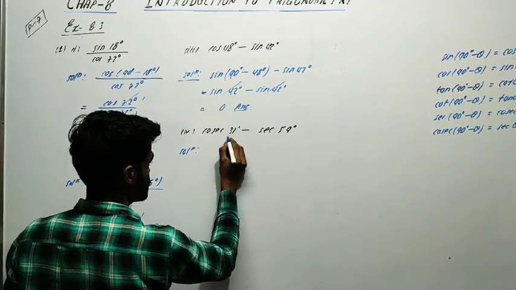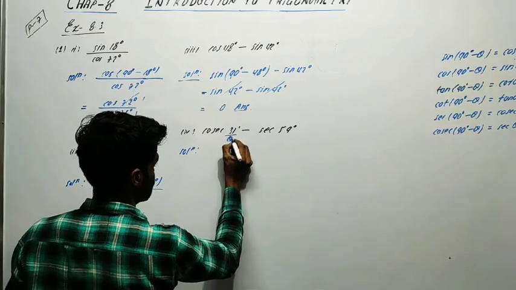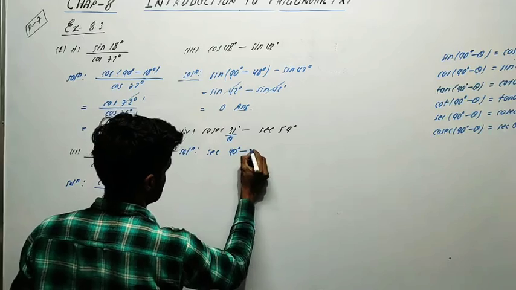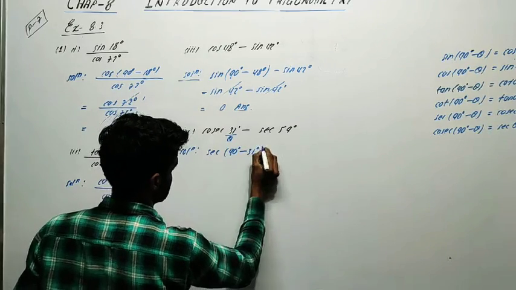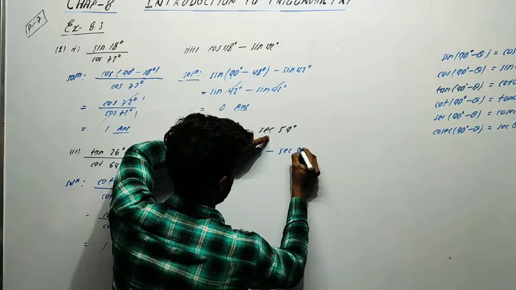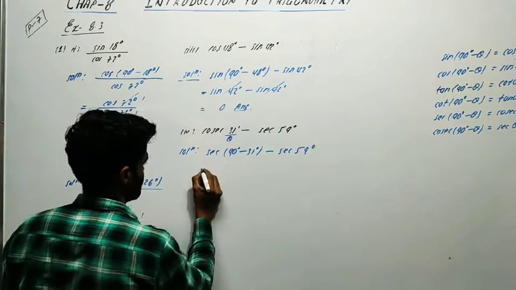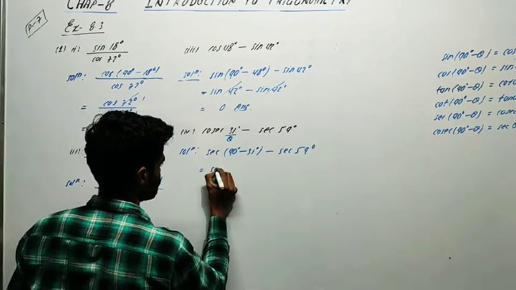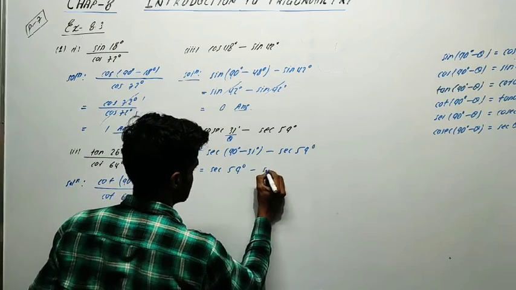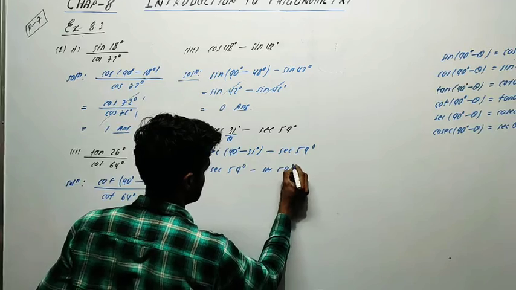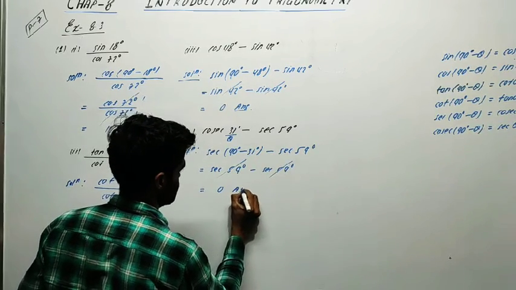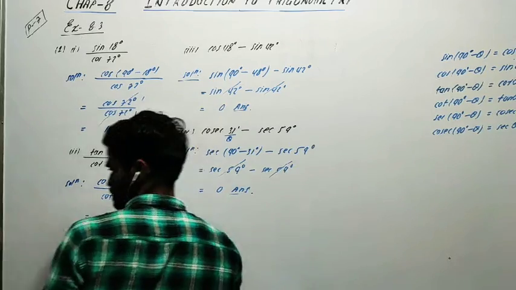So cosec theta is equal to, here theta value is 31 degree, sec 90 degree minus theta, minus sec 59 degree, that is equal to sec 59 degree minus sec 59 degree, both cancel out, that is equal to 0, and here is the answer.